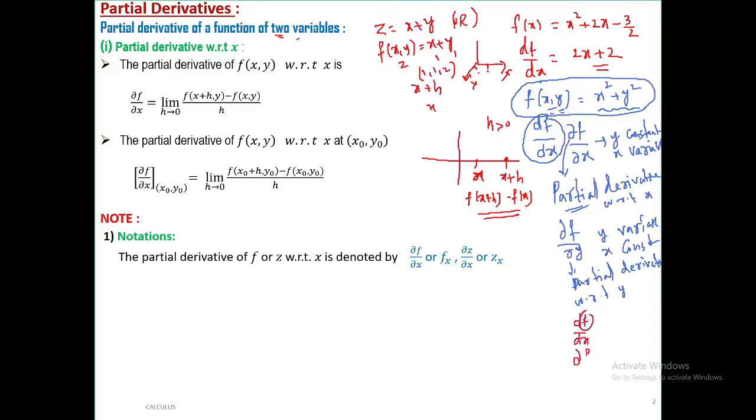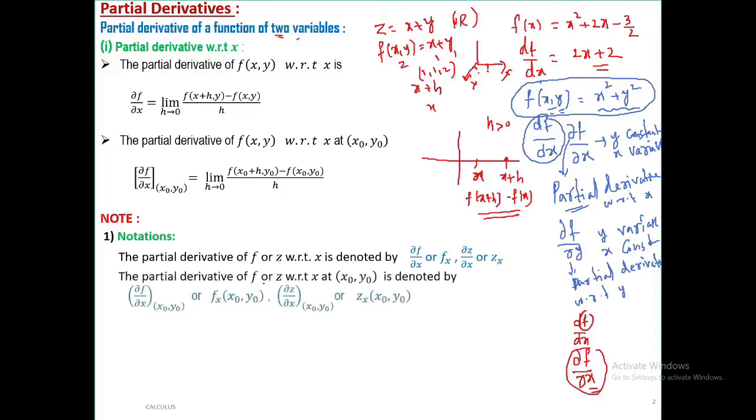But if I'm writing like this, f is a multivariable function, with more than one variable. With respect to x, we are doing a derivative. That's called a partial derivative. So once dou comes, it is a multivariable function. So dou z by dou x means you have to differentiate the function z with respect to x, or simply z suffix x. These are the notations.